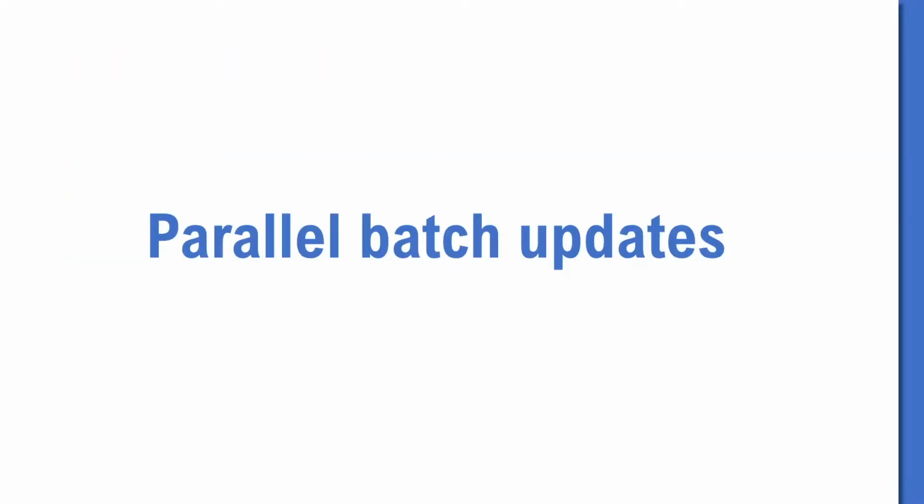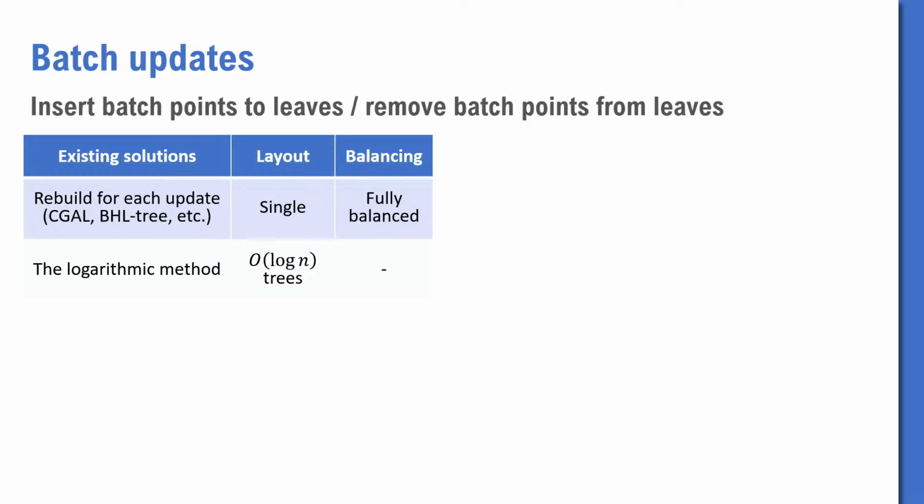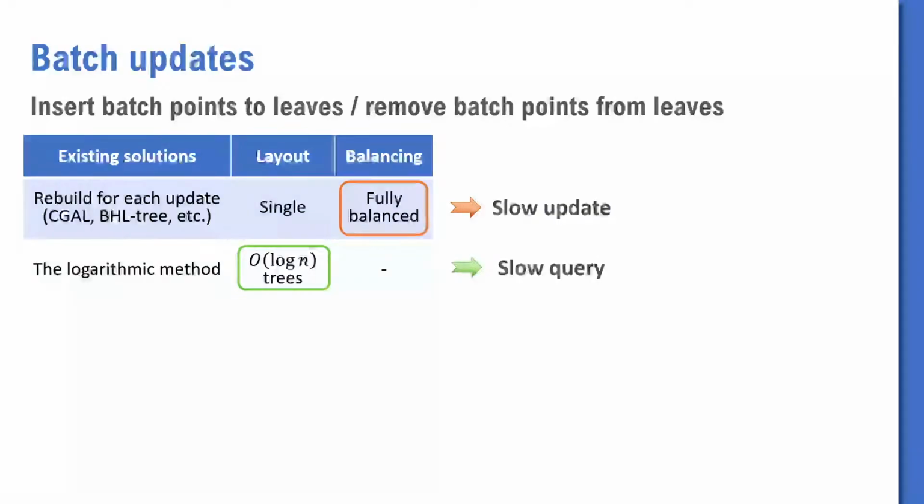Okay, the batch update is similar, very simple. So in the previous setting, we can either rebuild the tree every time. The tree is fully balanced, but the update is slow. If you have the log tree, a logarithmic method, you have log n trees. The update is fine, but the query is slow. So can we get them simultaneously?